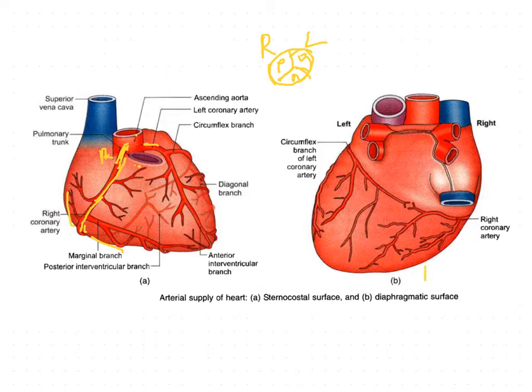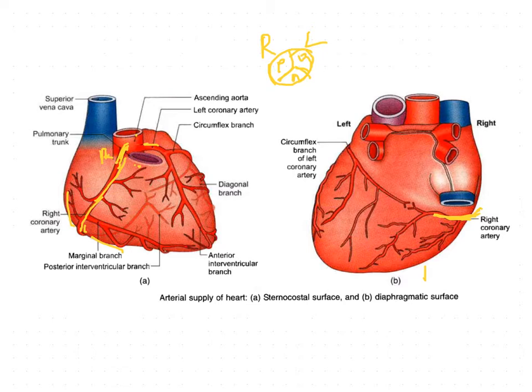This is the diaphragmatic surface, and after reaching it, this right coronary artery runs backwards and to the left, and finally it reaches the posterior interventricular groove by passing in the right posterior coronary sulcus.